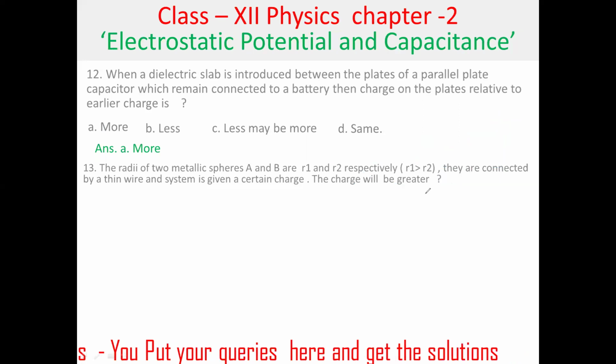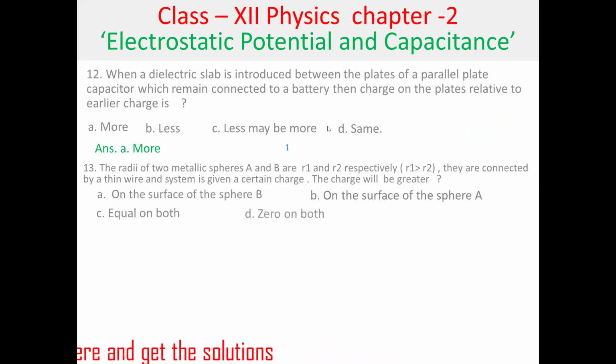They are connected by a thin wire and the system is given a certain charge. The charge will be greater for which? See the options. I'm giving you the options first, then you will find it out. These are the options. Now I am explaining. You can guess what the answer is.